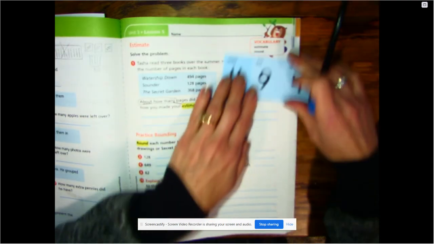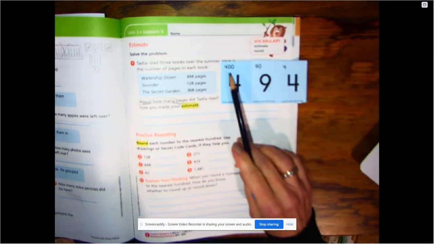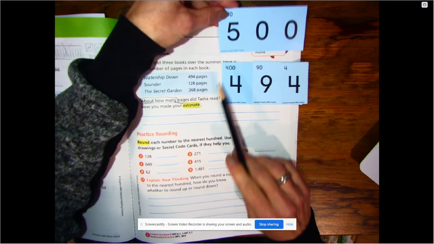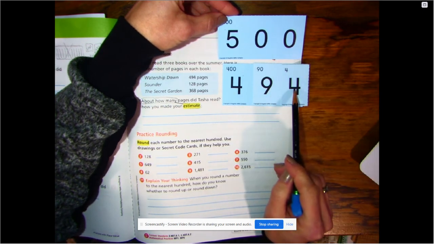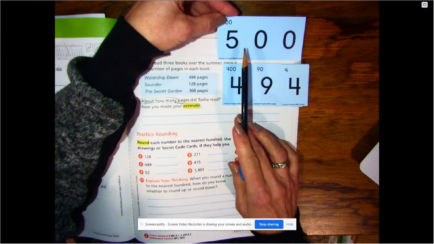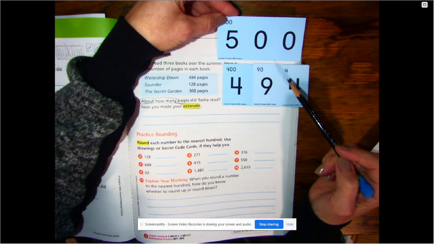I already know if I take away my 1s and my 10s, right? It's going to be between 400, and then I'm going to add 100 to that. What would be the next 100? It would be 500. So my 494 is between 400 and 500. I have to think, which one is it closer to?